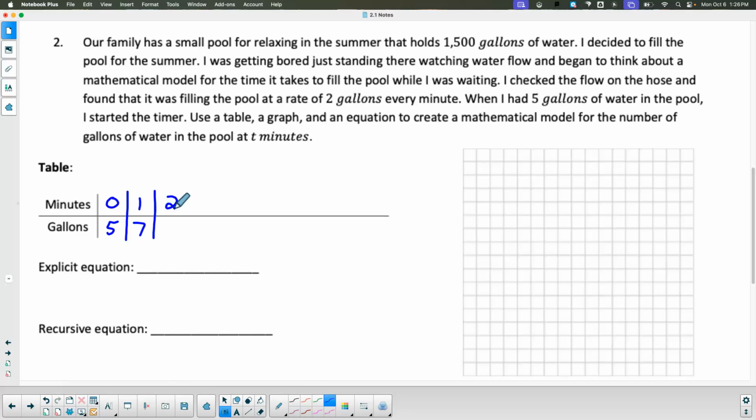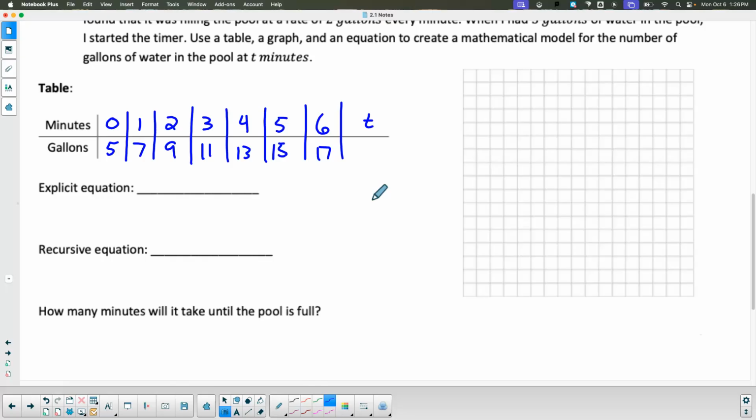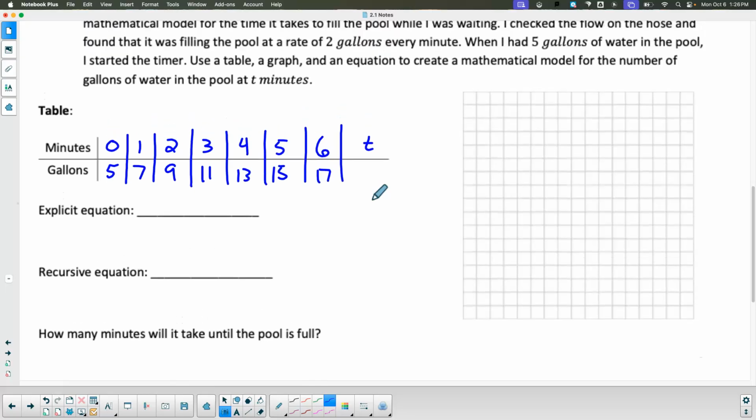After 2 minutes, 9. After 3 minutes, 11. 4 minutes, 13. 5 minutes, 15. 6 minutes, 17. And then we'll leave our space there for t. What kind of an equation is it? Arithmetic? Okay, because we're adding. All right, so let's graph this one.